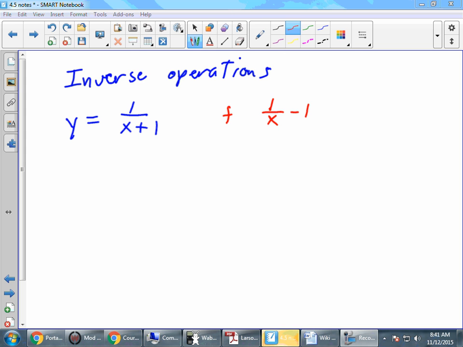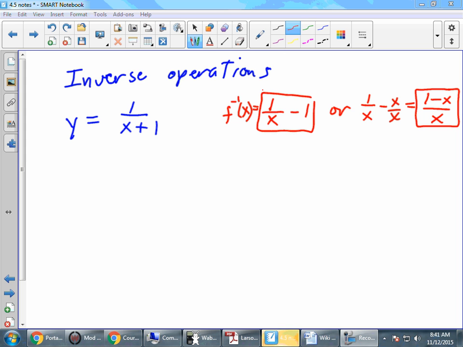And I'll call that f inverse of x equals 1 over x minus 1. Or, and this is important, you might see it as 1 over x minus x over x equals 1 minus x over x. So you might see it like that, and you might see it like that.